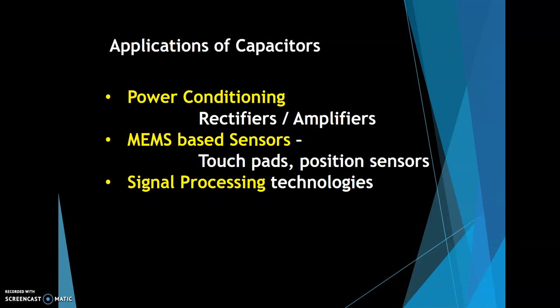MEMS are nothing but micro electromechanical systems. The touch pads or the position sensors used in modern electronic gadgets like mobile phones or laptops use a capacitor as one of the main components. And finally, capacitors are also used for signal processing technologies.